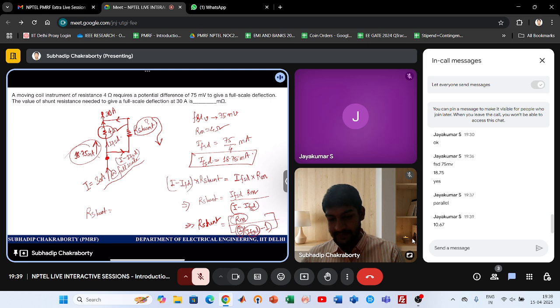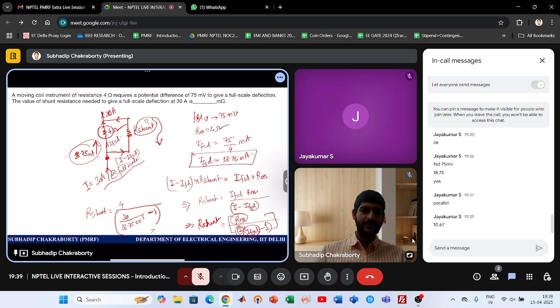Here you know Rm is 4 ohm, I is 30, I full scale deflection is 18.75 milliampere. Don't forget the units. Minus 1, right? So calculate how much is it coming? Fast, right? It is a one line problem. Understood the concept, right?